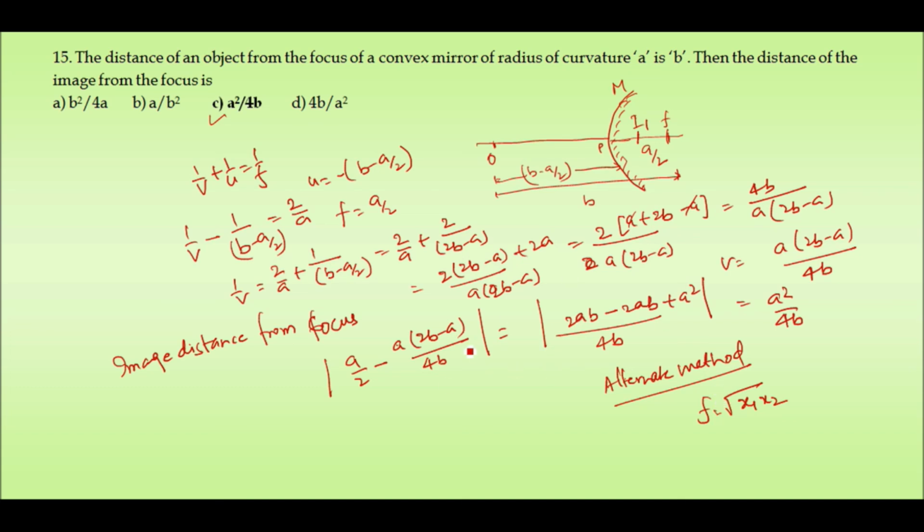As per this problem, object distance from focus is b and the focal length is a by 2. So a by 2 is equal to the square root of b times x2, and from there we get b x2 is equal to a squared by 4 and x2 is equal to a squared by 4b. So the image distance from focus is a squared by 4b. So option C is correct.